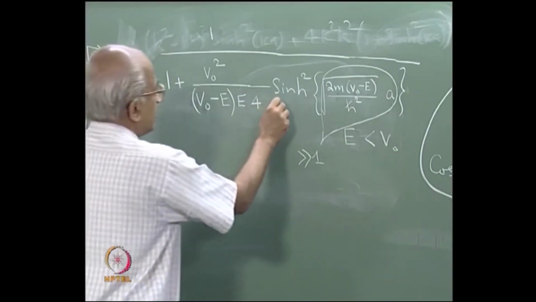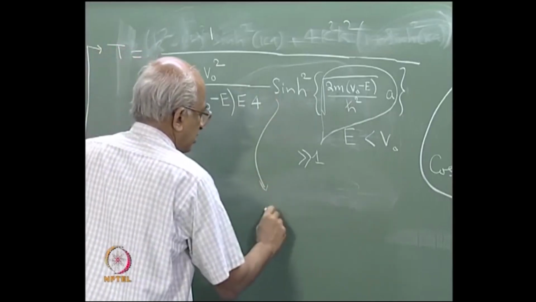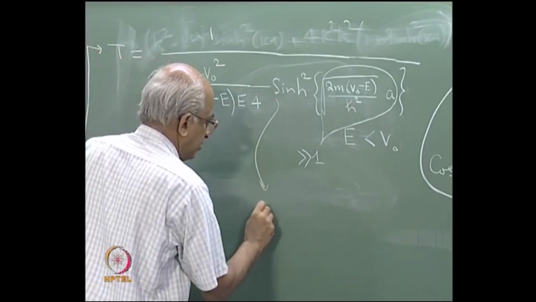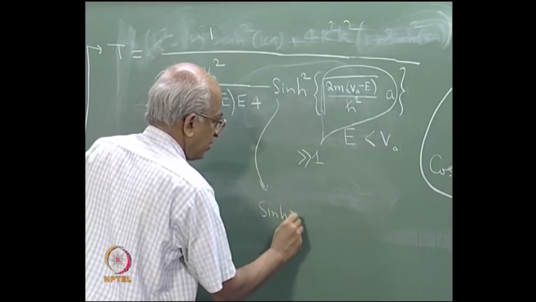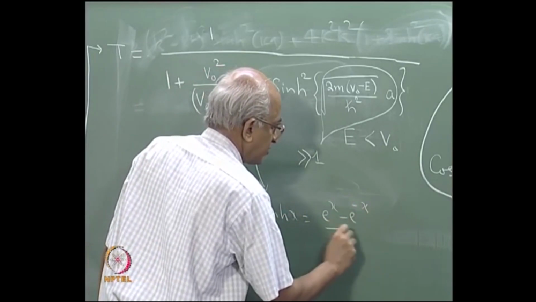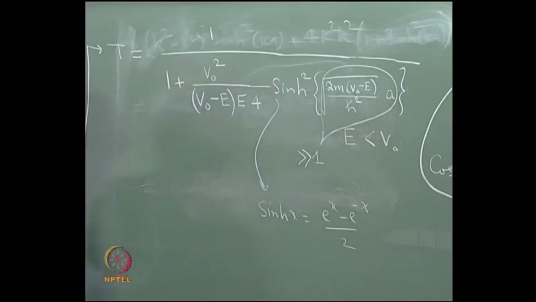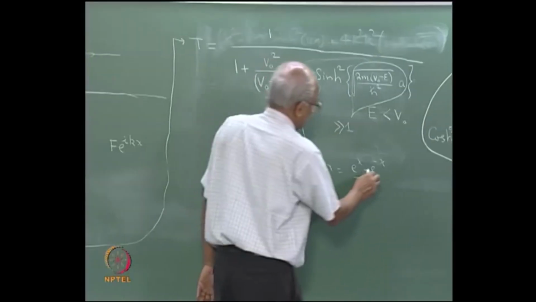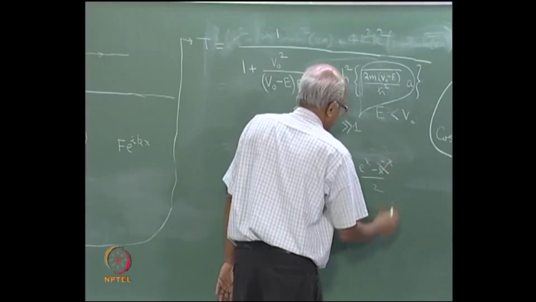See, sinh x is actually e to the power of x minus e to the power of minus x divided by 2. And if x is very large, which is what we are thinking of, this e to the power of minus x can be neglected.